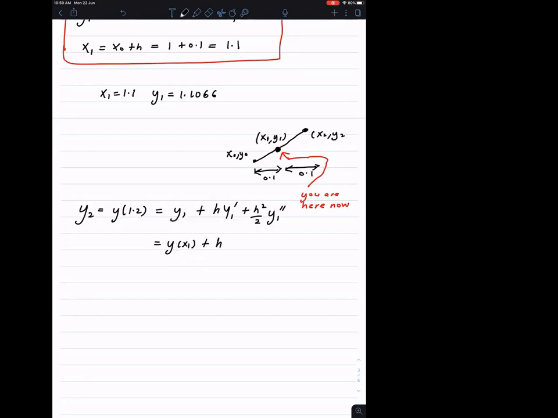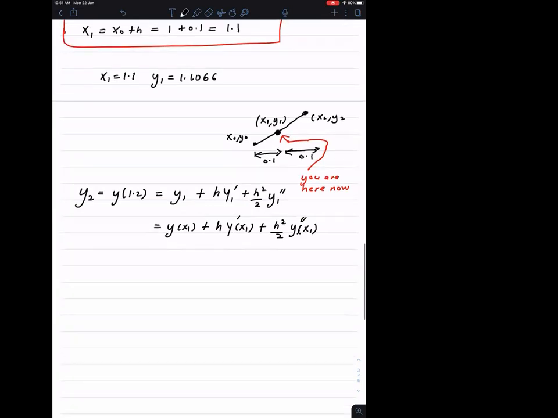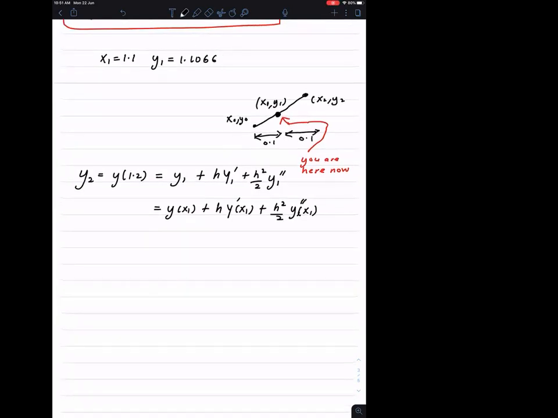Plus h. So, all right, is this formula clear?